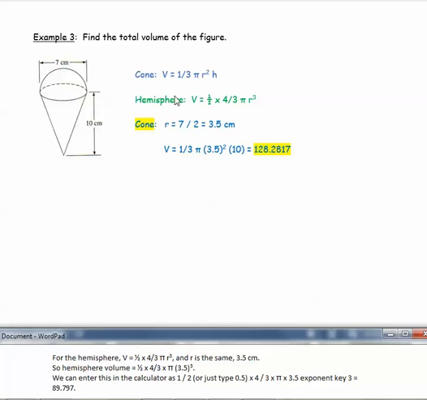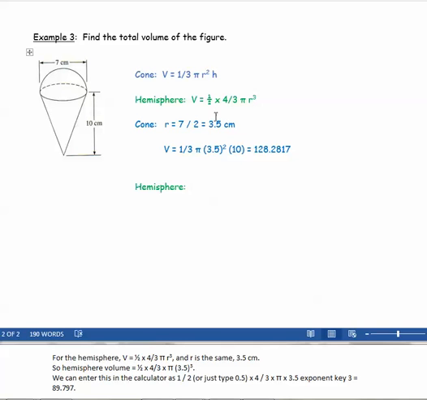For the hemisphere, volume equals 1/2 times 4/3 times pi r cubed, and r is the same, 3.5. So our hemisphere volume is 1/2 times 4/3 times pi times 3.5 cubed.